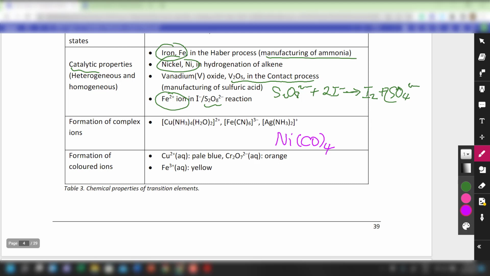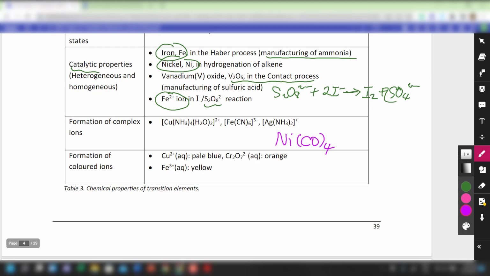Then the fourth one, we are looking at formation of coloured ions. Transition elements tend to form very beautiful complexes, and because of the varying number of electrons in their d subshells, they are able to undergo, as you'll learn later, d-d transition, or for the case of permanganate and dichromate, charge transfer. But we are not going to cover charge transfer for the H2 curriculum.